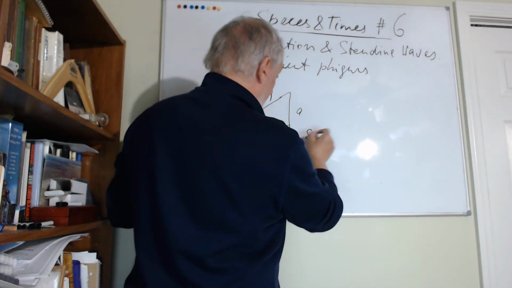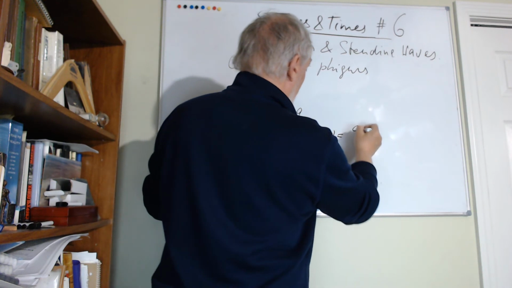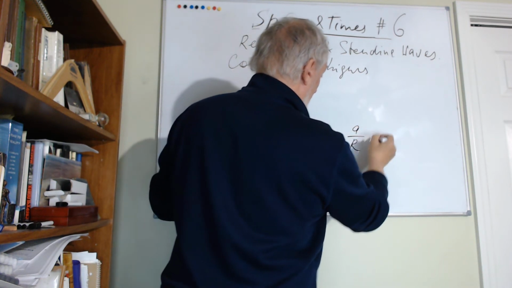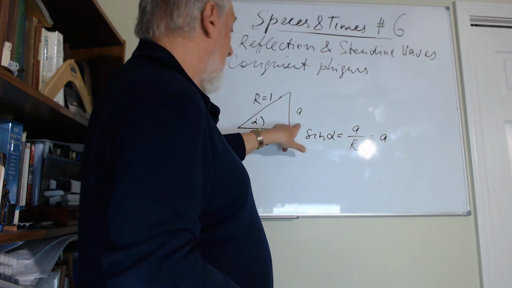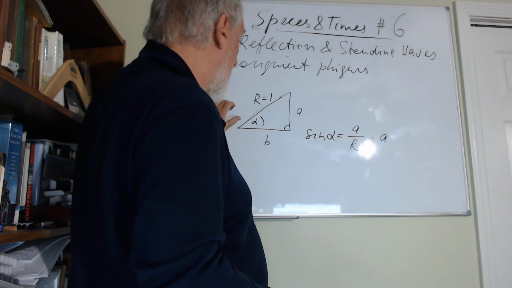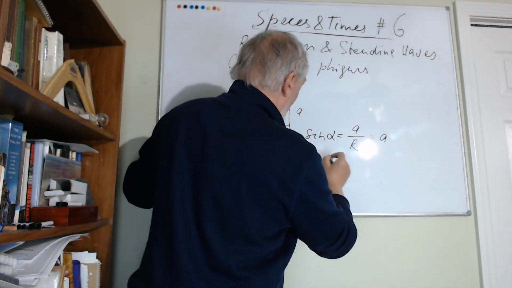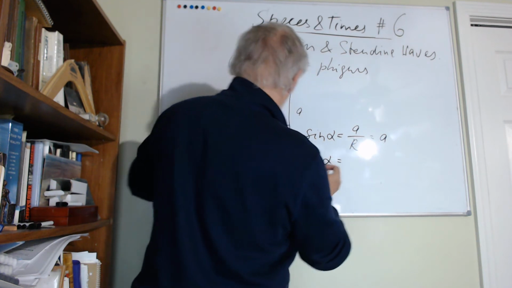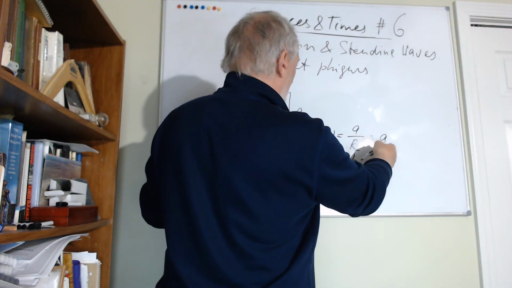So sine of angle alpha is A, because R is 1. And cosine is B.